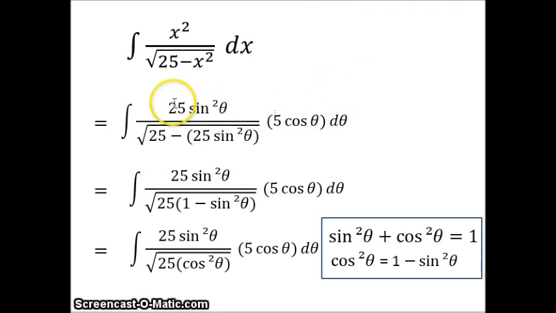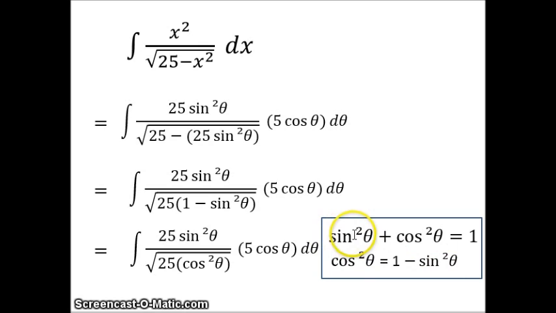Moving on, now we find out that we have a common factor in the denominator part, which is 25. So you can just take out the 25 from both, and you end up with 25 times 1 minus sine squared theta. So from this 1 minus sine squared theta, we can turn it into cos squared theta by using Pythagorean identities, which is this equation.